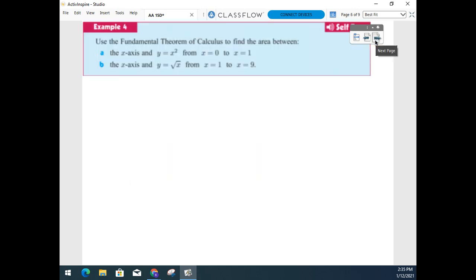All right, so example 4. Remember, how do we calculate the area between the x-axis and y equals x squared? It is the integral from 0 to 1, the bottom to the top, of the function x squared dx.